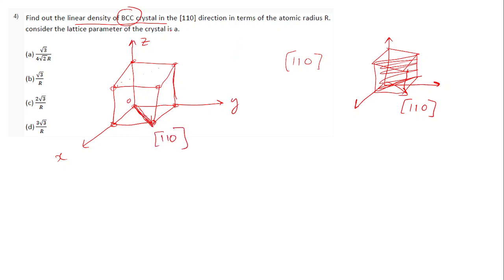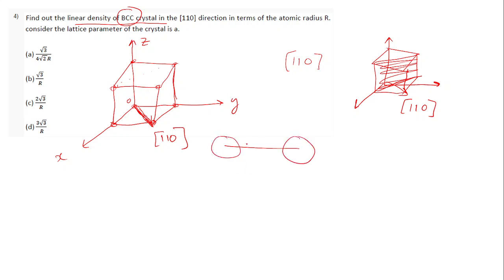Now we have to find out how many atoms are there on this line. Because it's a body centered cubic crystal, and this 110 is on one particular face, on the xy plane, the body centered atom will not touch this because it is in the center of the cube, not on the face. So on this line only these corner atoms will be there.